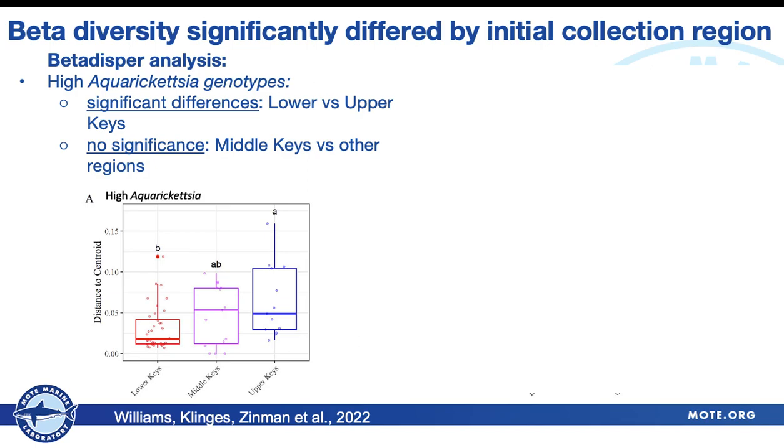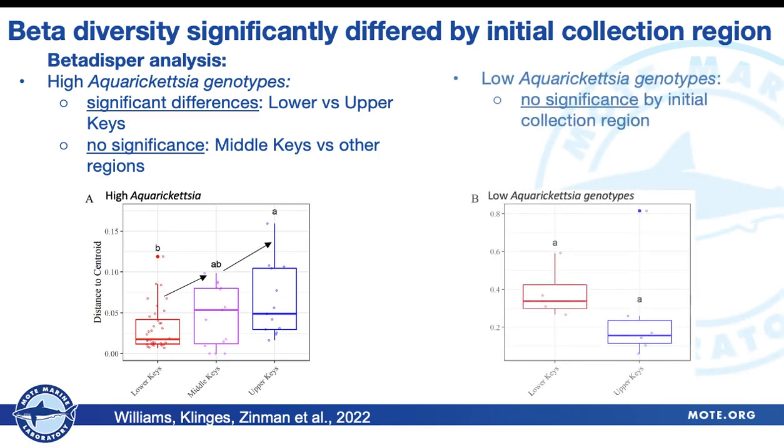So this is really supporting what I had mentioned with our NMDS plot, where we had that transition from the lower Keys to the middle Keys to the upper Keys, and the upper Keys have the most dispersion, the most beta diversity. We then looked at our low Aquarickettsia genotypes, and despite the fact that our permanova and NMDS both suggested significant differences by initial collection region, our betadisper analysis did not find that, but that's likely due to a low sample size as we didn't have a lot of samples here, and you can see there's a difference between the dispersion for the different groups in our plot here.